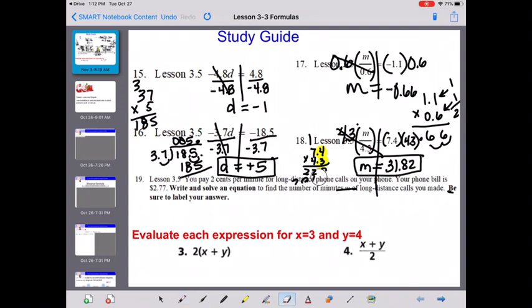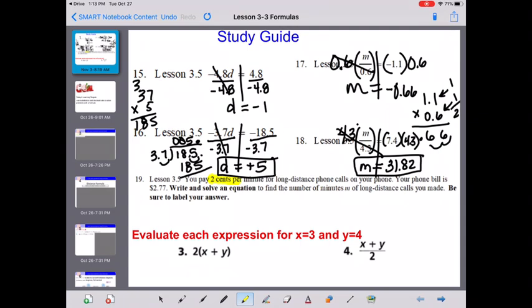Okay. The next problem you worked on, there's one just like this on your quiz, so make sure you're ready for this one. You pay 2 cents per minute for long distance. Remember how we talked about writing 2 cents? We don't write it as the number 2.